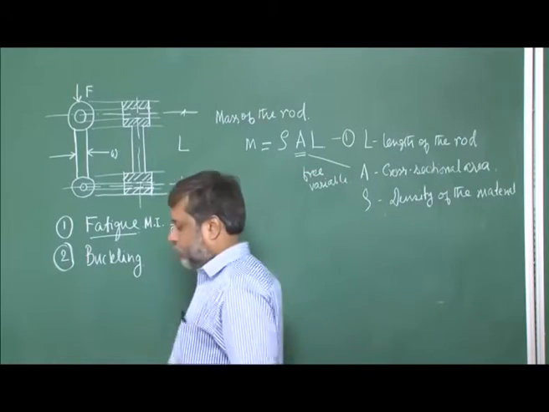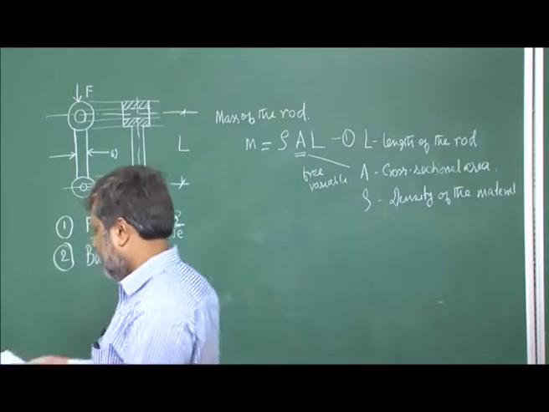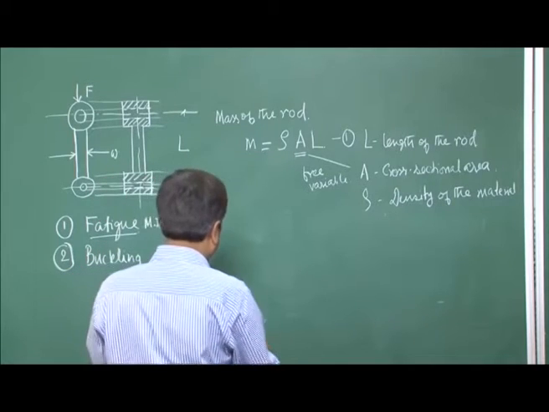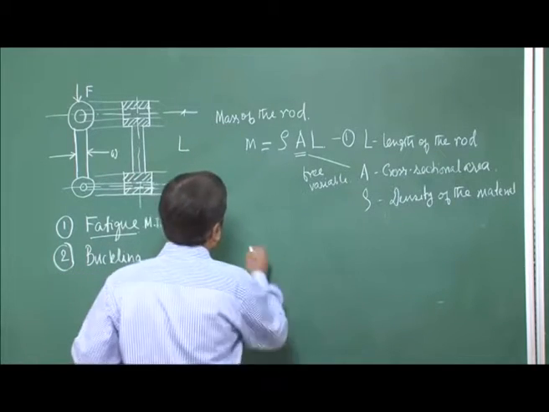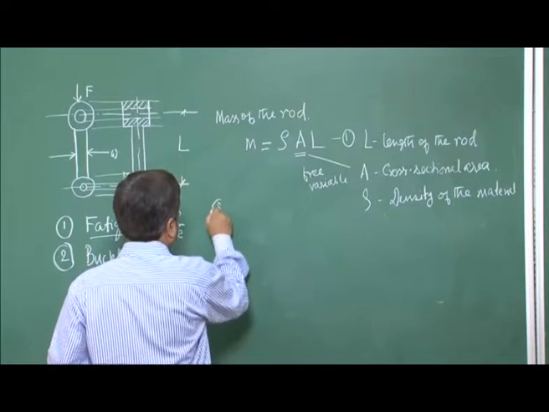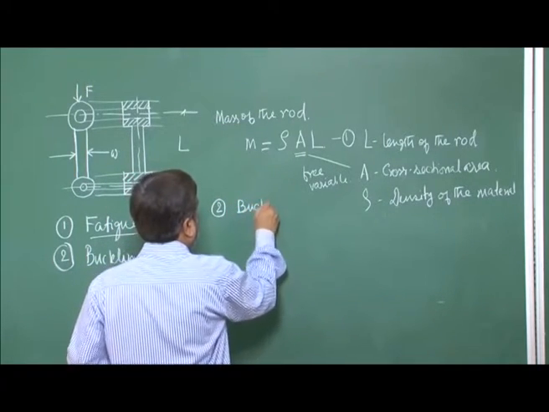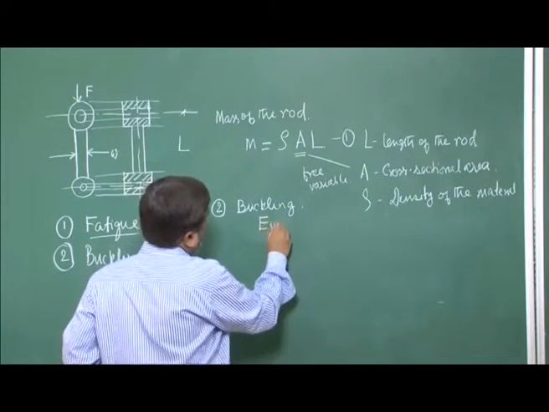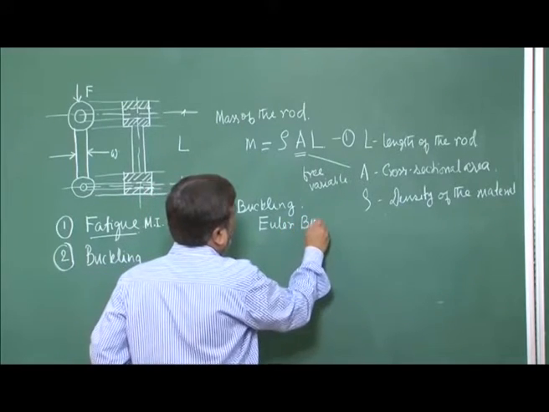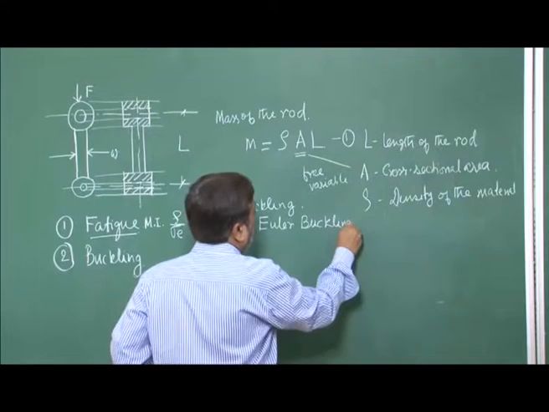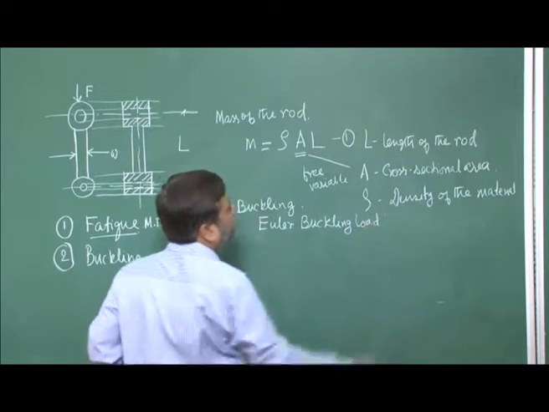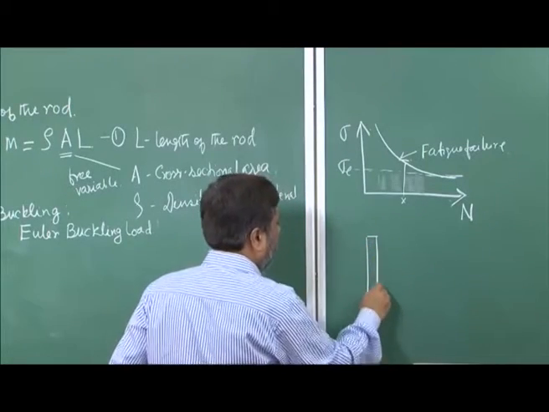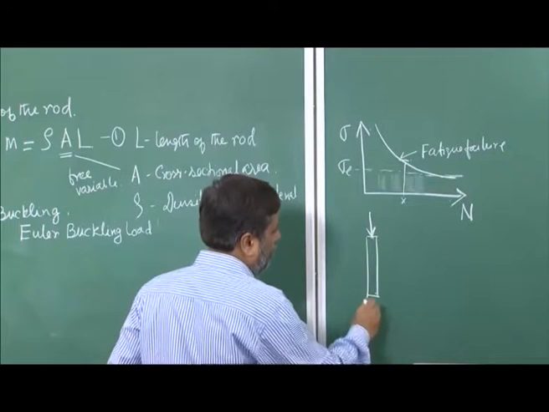Now from the buckling point of view, let us consider this to be a slender rod with a critical Euler buckling load. There is something called the Euler buckling load, which is the first critical load when a compressive member is subjected to a compressive force.